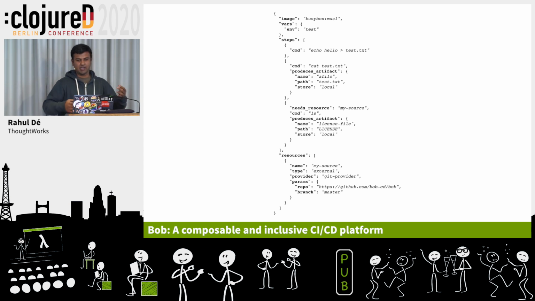You say that I want to start with this image, I have this bunch of steps. Each step can optionally produce an artifact or consume a resource, or a combination of both. So again, going back to the same philosophy of a bunch of steps, which is a composition of resources to artifacts, right? And you can declare some resources externally, right?